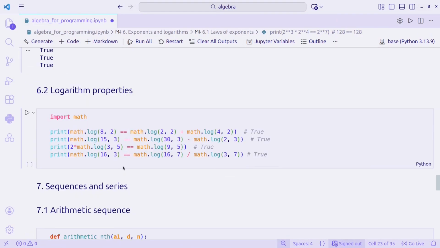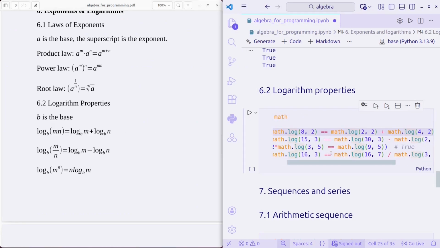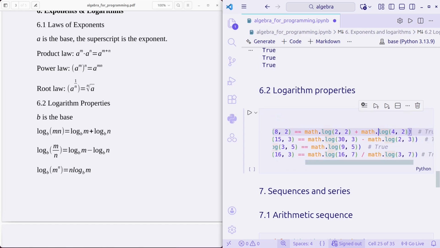And how about logarithm properties? I can import the math module first. From this module, I'm able to use the log function. So this is the number to take the logarithm of, and the second argument is the base. So I'm able to verify the addition shown here. Log 8 with base 2 should be equal to log 2 with base 2 plus log 4 with base 2.